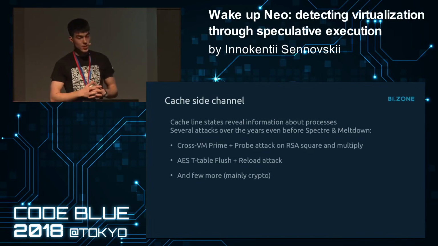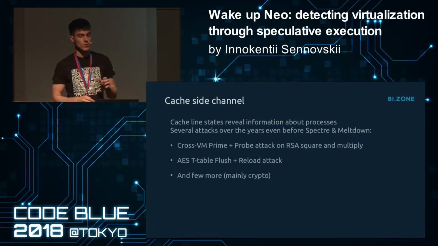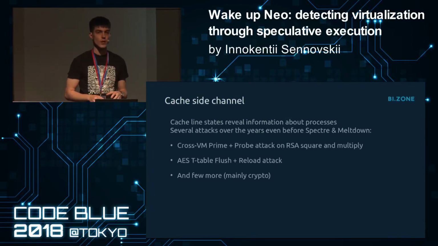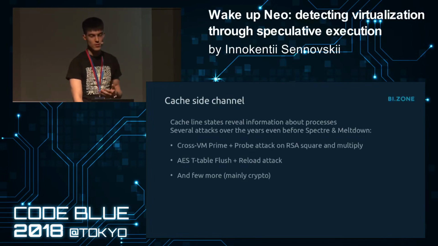Some common side channels in the CPU and previously discovered side channels include the cross-VM prime plus probe attack on the RSA square and multiply algorithm, the AES table flush and reload attack, and a few more. But for the most part, this kind of attack was used only on cryptography.